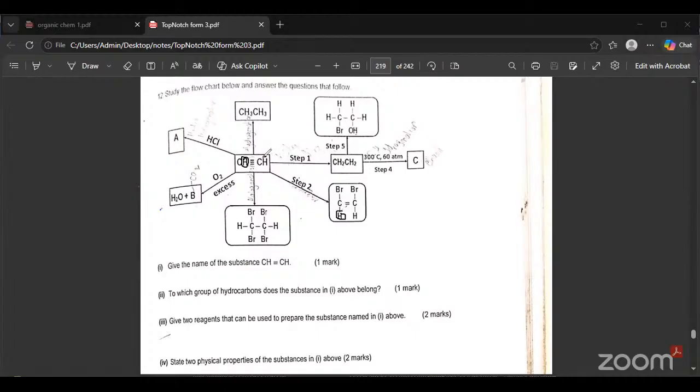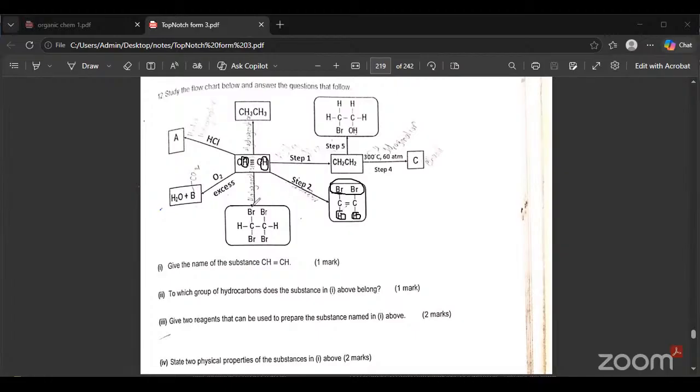Haya, hii iko na ngapi? 1. Na hii? 1. So nini imeongezwa hapo? Ni bromine. So hiyo ni nini? Halogen. So hiyo process inaitwa aje? Halogenation. Exactly.